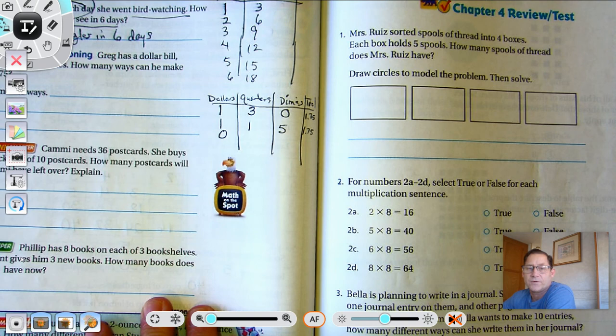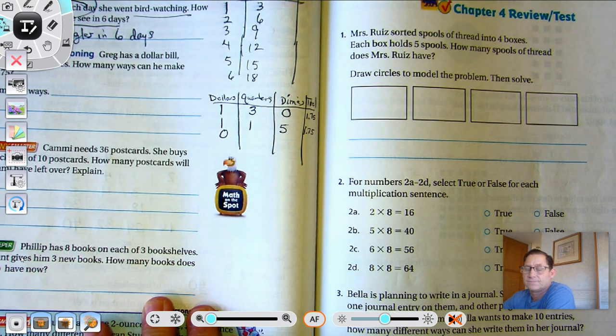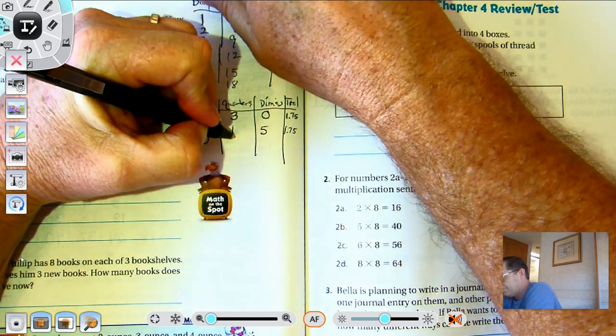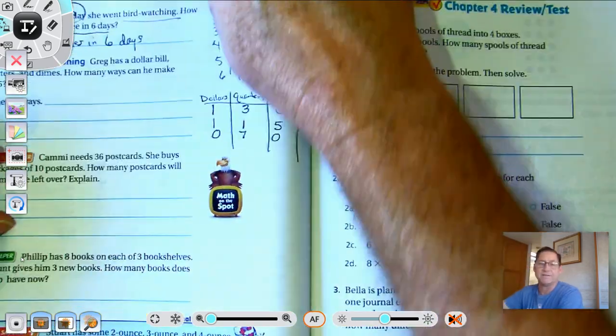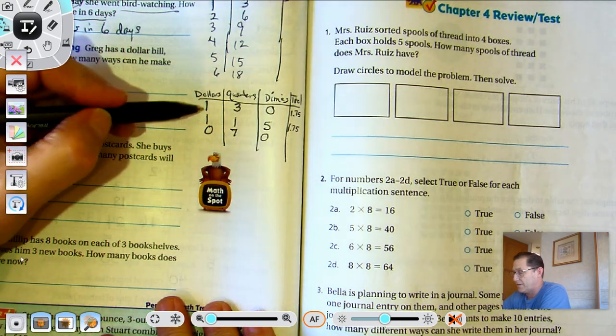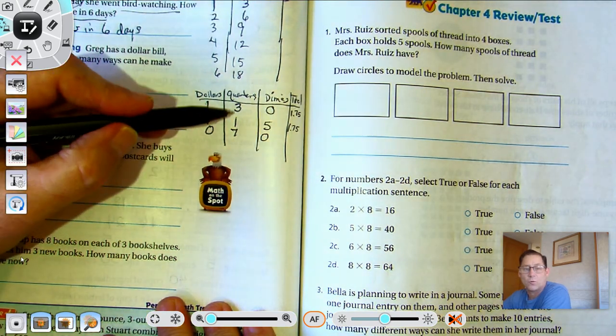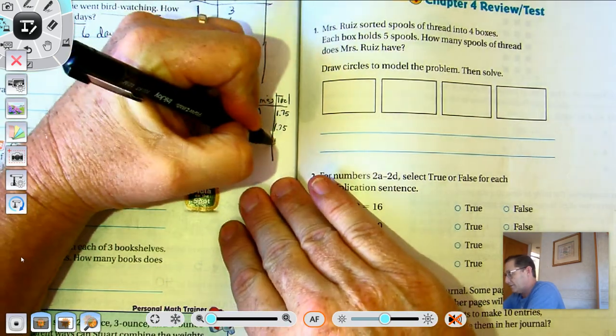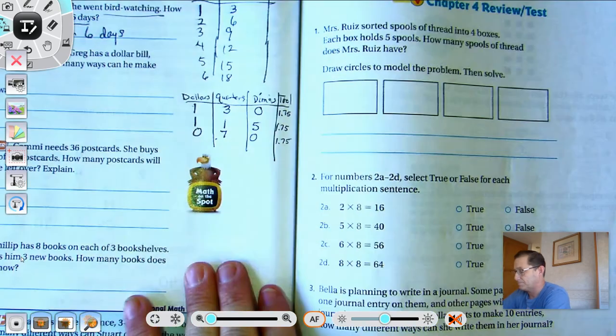And how many quarters are in a dollar? 4, right? So we could have 7 quarters. All we did was trade the $1 for 4 more quarters, and 4 plus 3 would be 7 quarters.